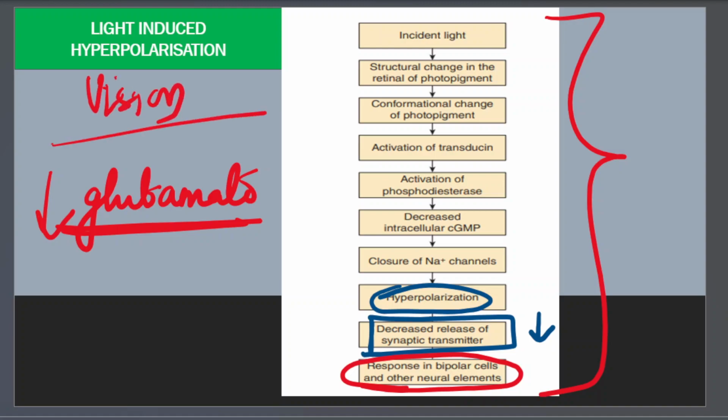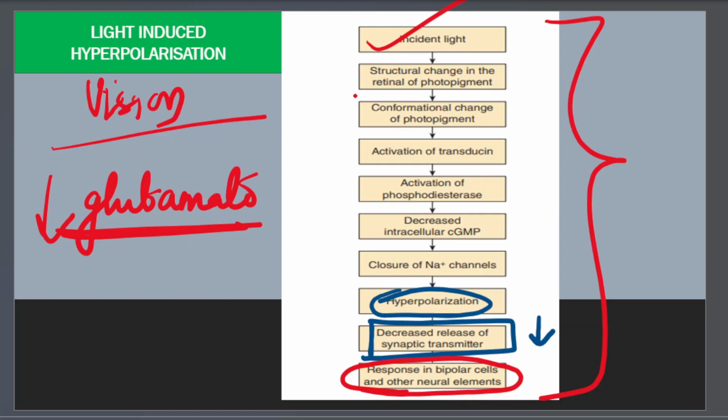So let's again just revise. Incident light brings about a structural change in your rods and cones, and that is going to change your rhodopsin, which is going to activate your transducin. The activation of transducin is bringing about activation of phosphodiesterase, which is going to decrease the levels of cyclic GMP.